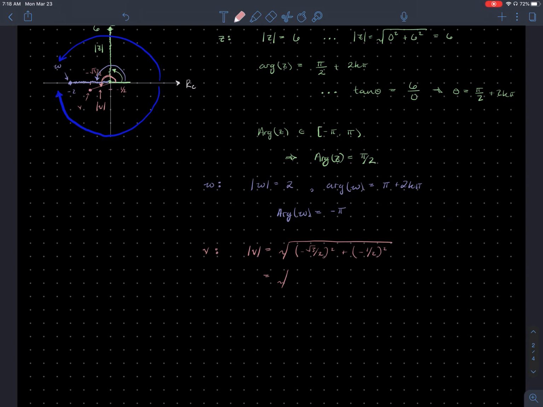So this is going to be the square root of 3/4 plus 1/4, which ends up being the square root of 1, which is just 1. Okay, so we know the length of that complex number, or the distance from 0 to that complex number, is going to be 1.